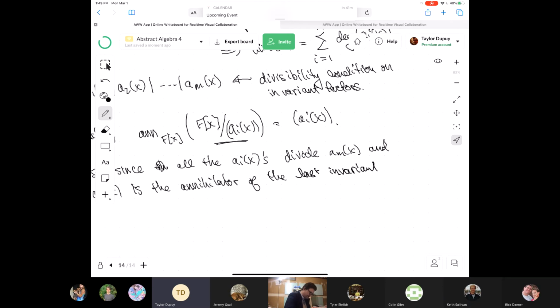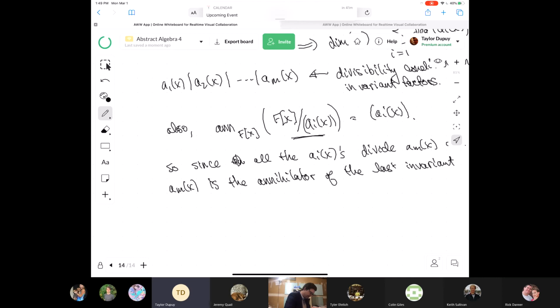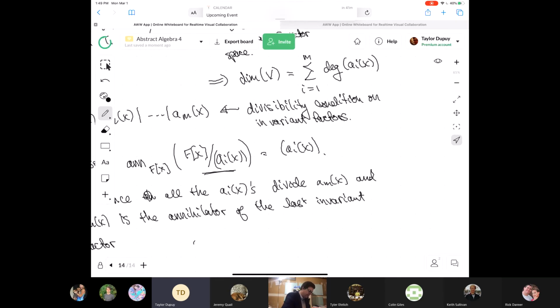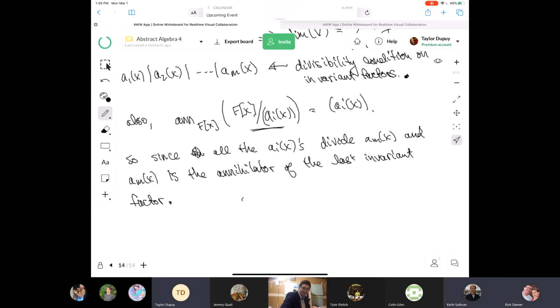So now I'm really using this abusive notation. In this sentence, I'm talking about the invariant factor as one of the direct summands, and in this sentence here, I'm talking about the invariant factors as a polynomial. Right? This is where I'm using it as a polynomial, and in this sentence, I'm using it as a direct summand. Okay.